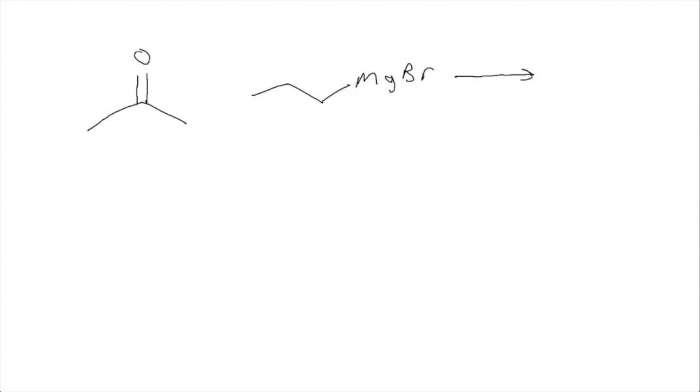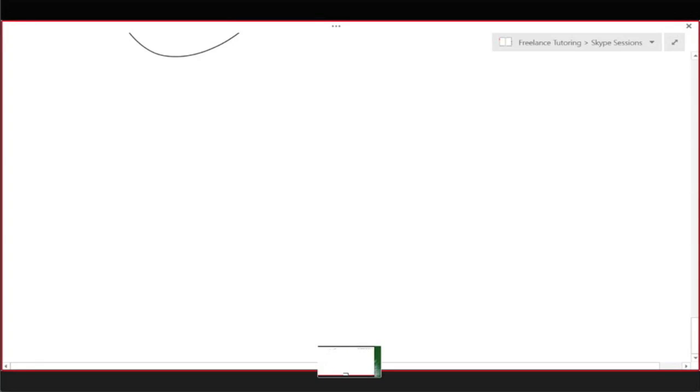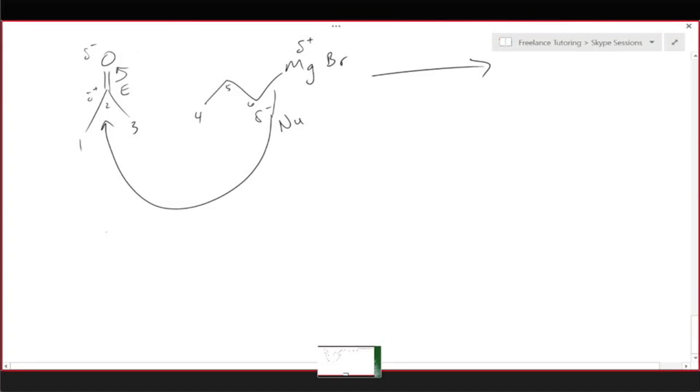If that oxygen did not have a pi bond, I was wondering if there was a single bond with that oxygen and we had the same setup with the Grignard reagent.